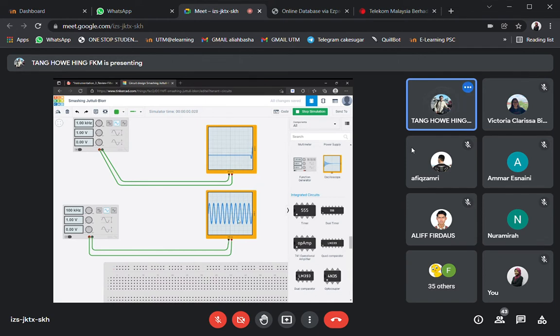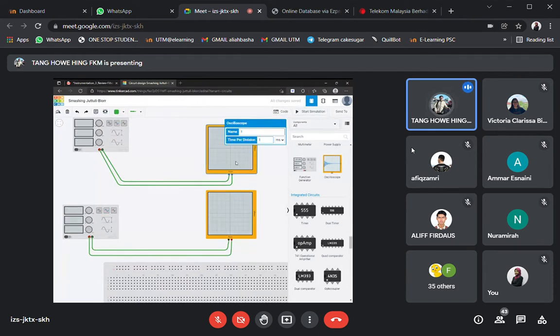It seems like if I am getting 100 kilohertz, the oscilloscope on top will not be able to capture it, because the simulator time is stepping at a very small step of time. So that's why the oscilloscope above cannot pop out.